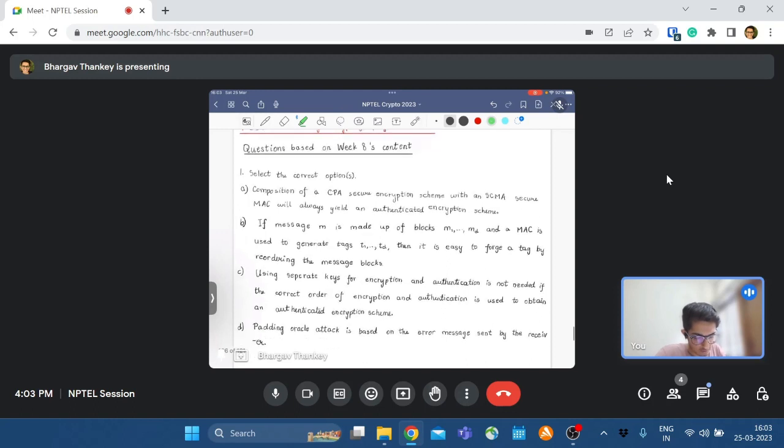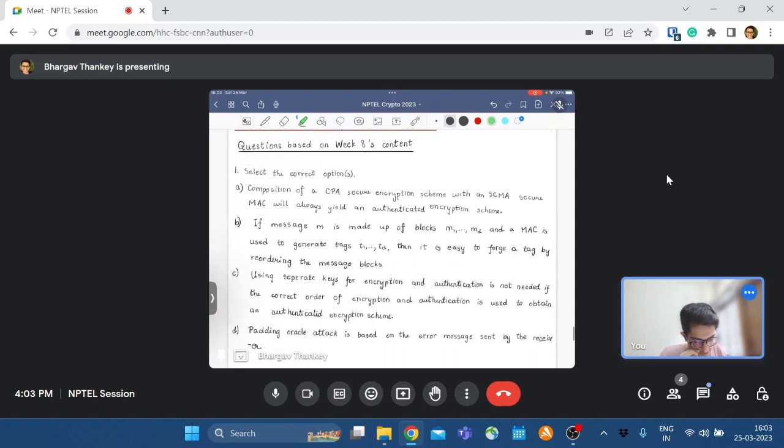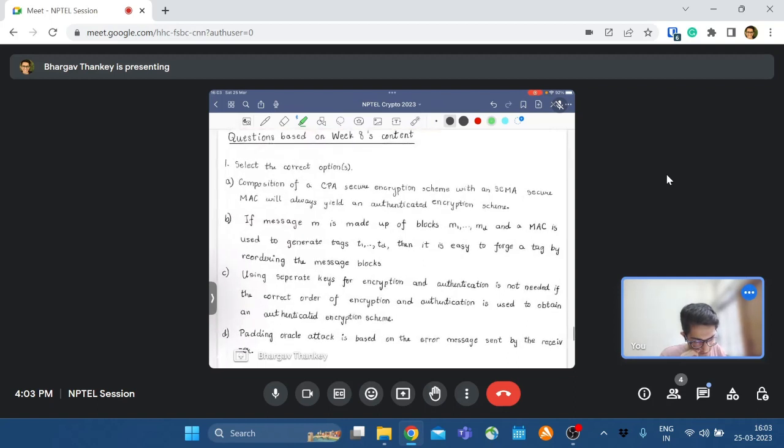So the first problem from week eight's assignment is the following. Select the correct options. Option A is composition of a CPA secure encryption scheme with an SCMA secure MAC will always yield an authenticated encryption scheme. Option B is if message M is made up of blocks M1 to MD and a MAC is used to generate tags T1 to TD, then it is easy to forge a tag by reordering the messages.